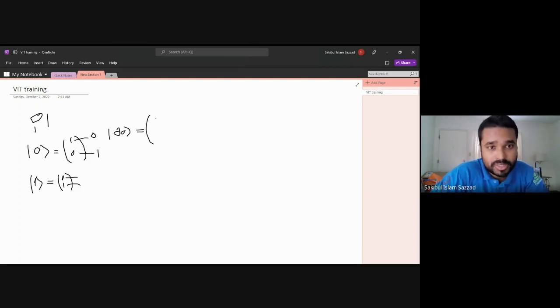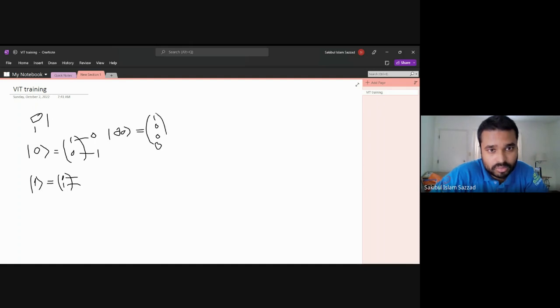So I'm just writing down the ket 0 as a column matrix or column vector. I will have 1, then 0, then 0, then 0.